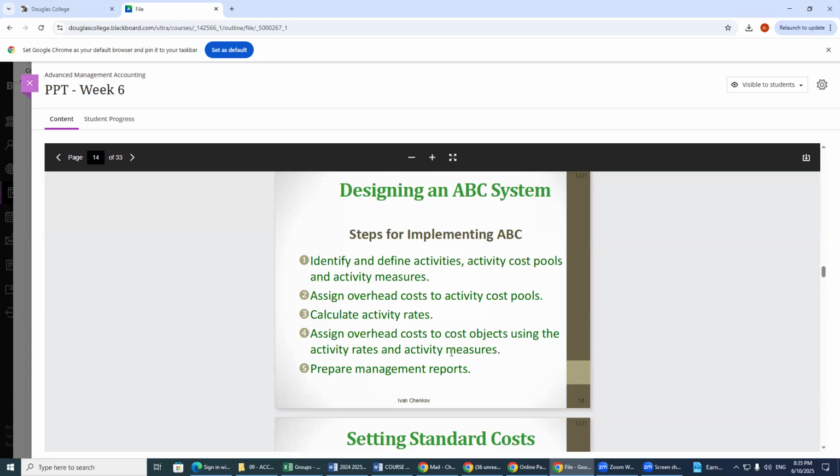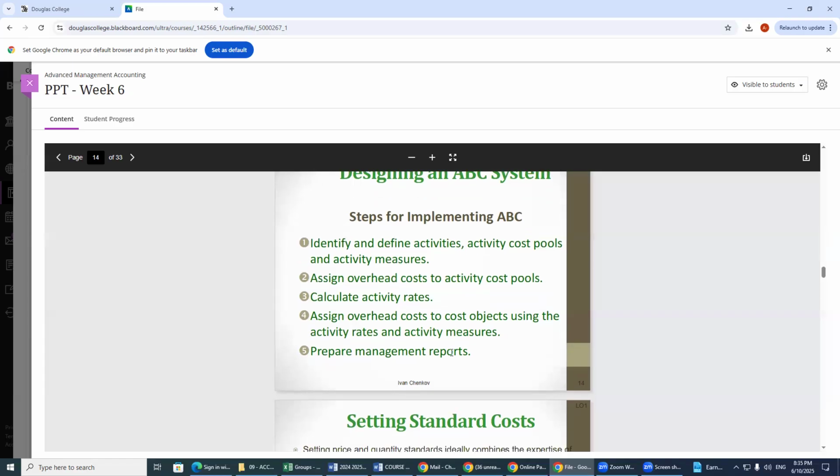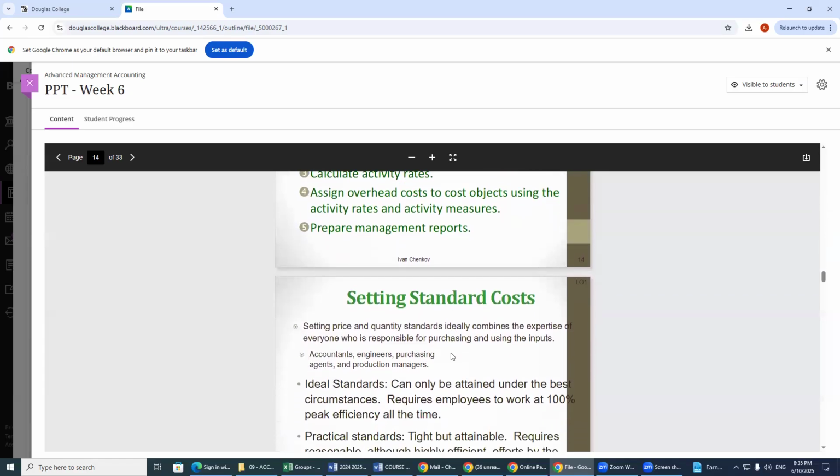The management report basically will be the one that we're chasing here. What we're chasing is what the product cost will be based only and only on the actual usage of the capacity that the product is using. And then you're going to see that's going to change the entire picture of the report.